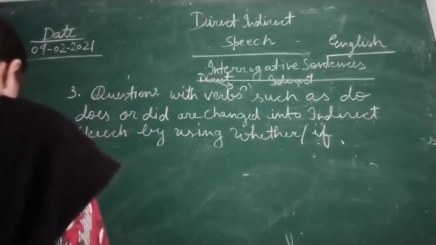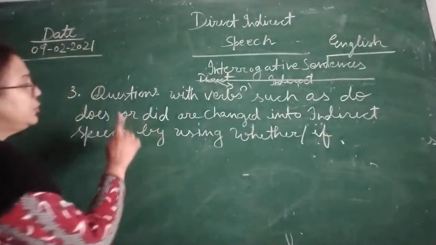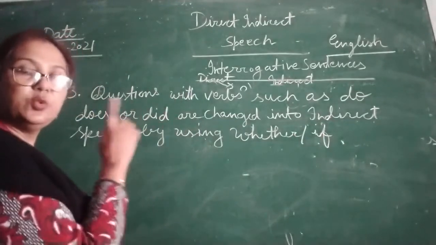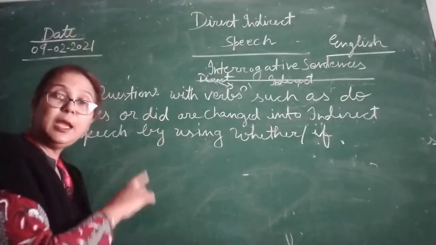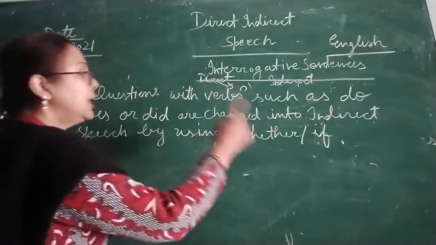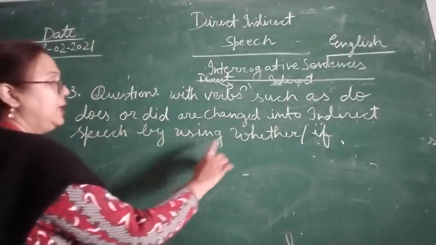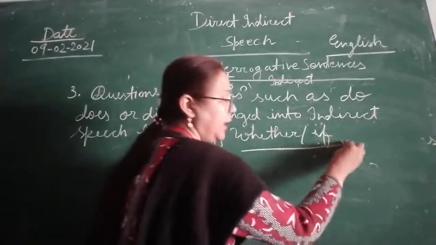Okay children. Now questions with verbs such as do, does and did, when we are making indirect speech, will change by using whether or if.